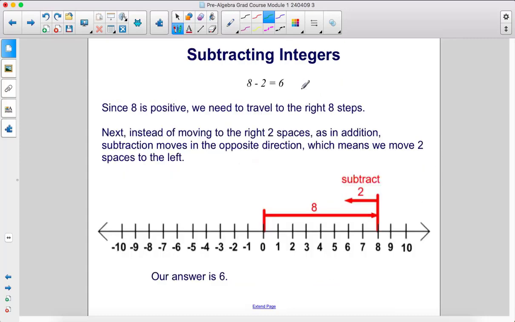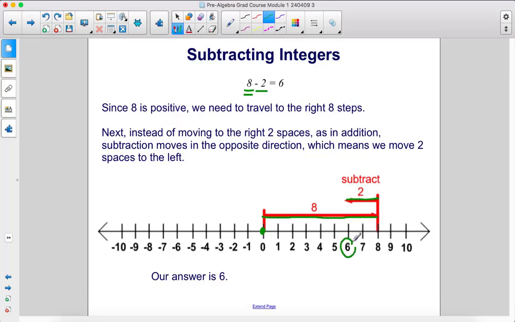Here's a problem. 8 minus 2 equals 6. Instead of moving to the right 2 spaces as in addition, subtraction moves in the opposite direction, which means we're going to move 2 spaces to the left. So we start with positive 8, so begin at 0, move 8 units to the right, then minus 2. Move 2 units to the left.